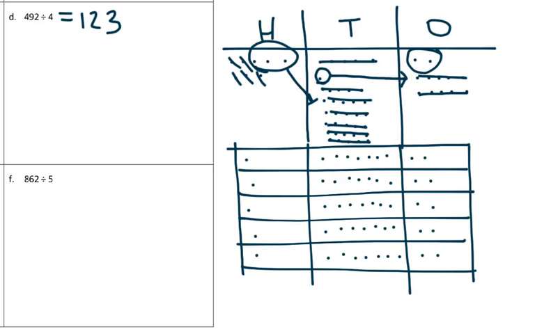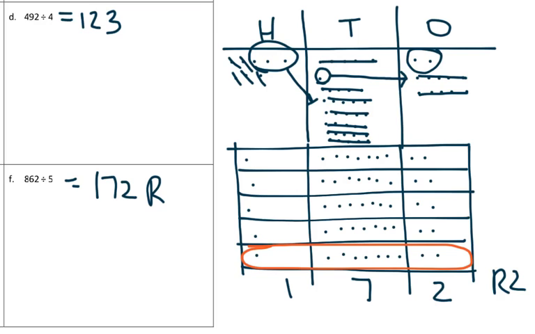If I look at one of the rows and circle it, I have 100, 7 tens, and 2 ones. So my answer is 172, and the remainder is 2. They can even write that the quotient is 172 and the remainder is 2.